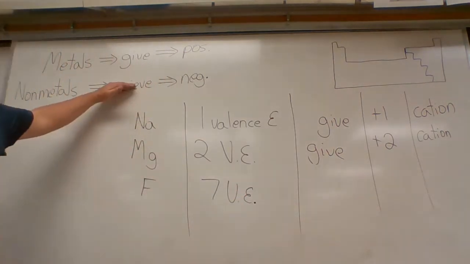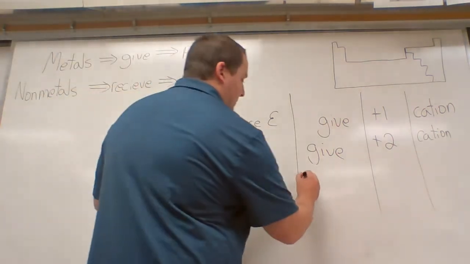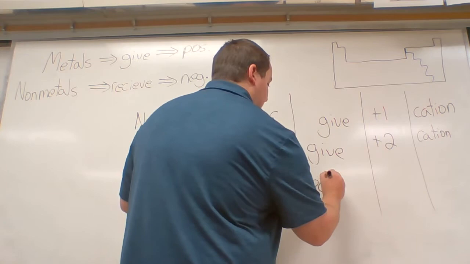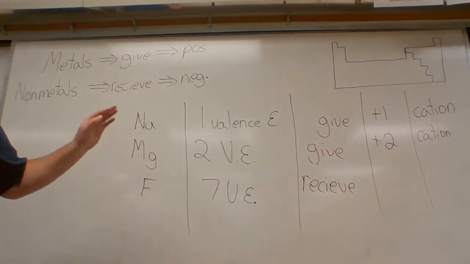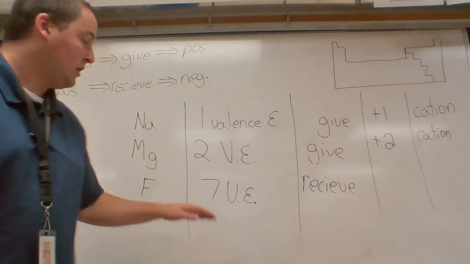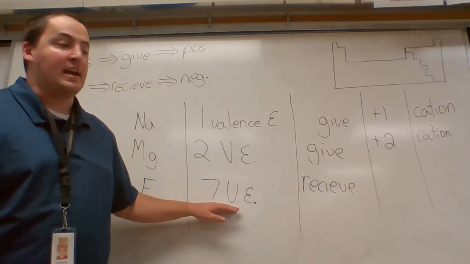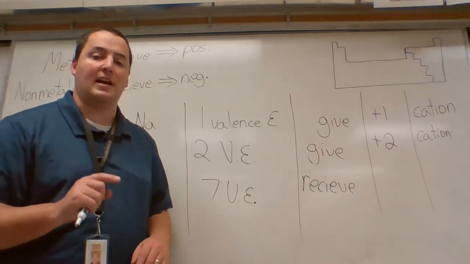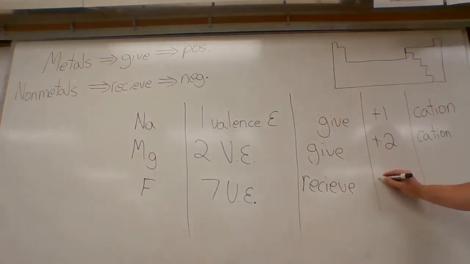Now, because it's a nonmetal, it's going to receive more electrons. And remember, atoms are trying to get to the happy number of 8. Since it already has 7, in order to get to 8, it only has to receive 1 electron. And since it's receiving 1 electron, its charge is going to be -1.